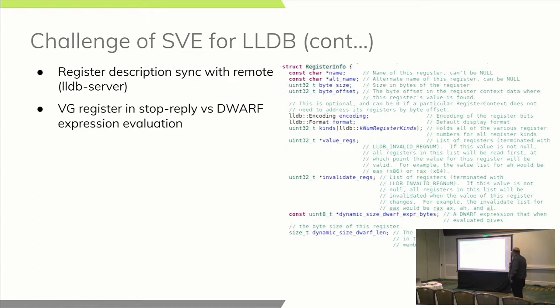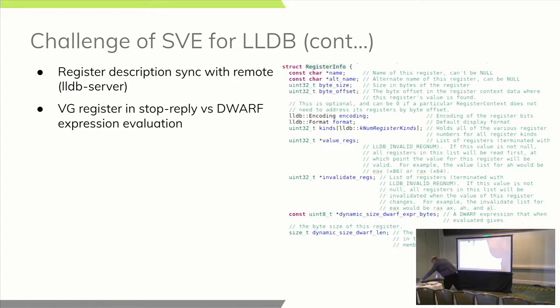And in LLDB, we have a dynamic size DWARF expression bytes field in the register info packet, and we can use this to configure the vector length and change it across. So the vector length can be changed based on the DWARF expression. This is something that we are evaluating right now, to see which approach fits us best.